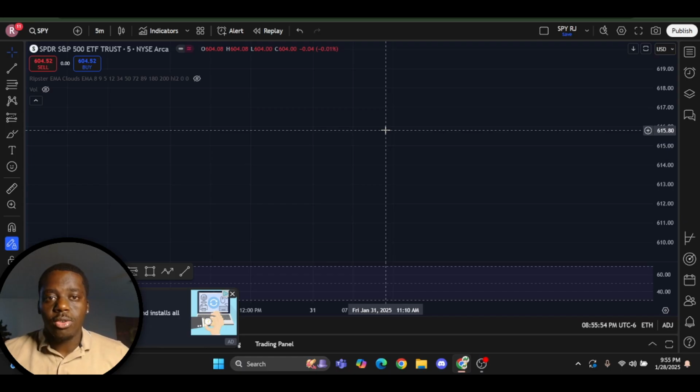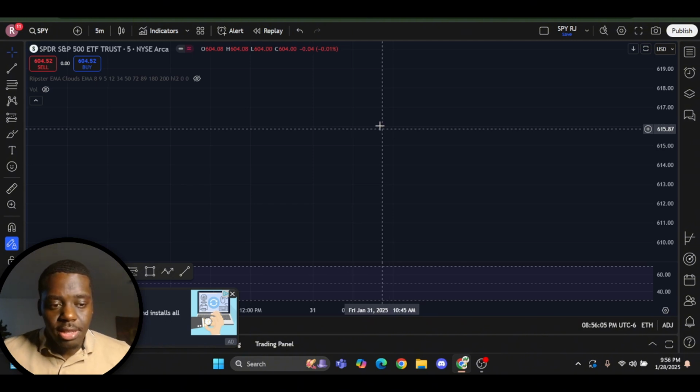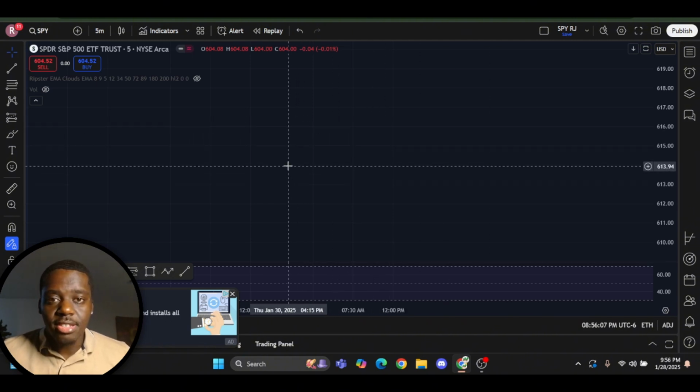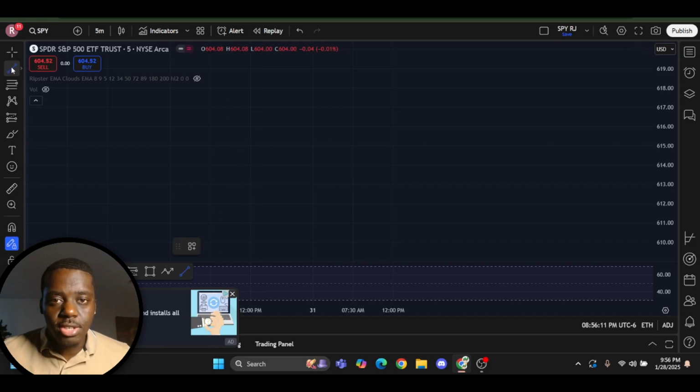All right, the two that you're going to learn today are the bull flag and the bear flag. Let's first start off with the bull flag. The bull flag is a continuation pattern to the upside. When you see this, you only want to trade it to the upside.